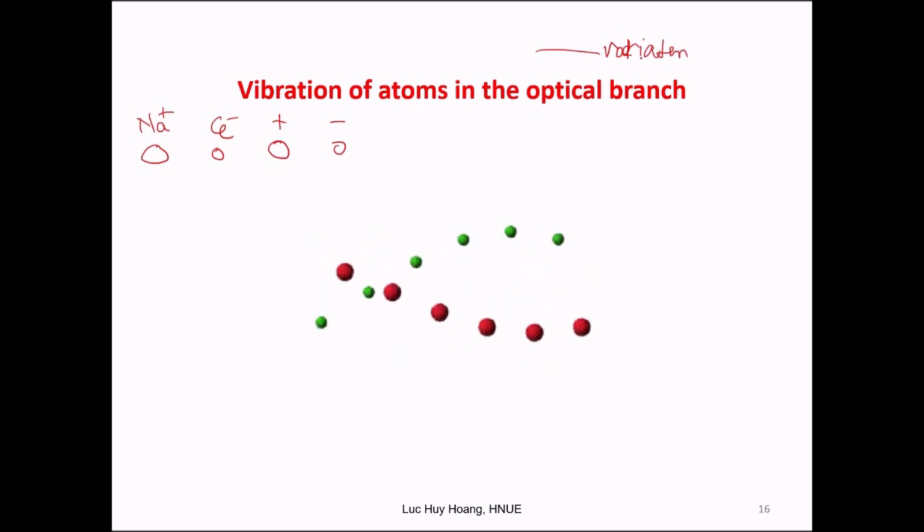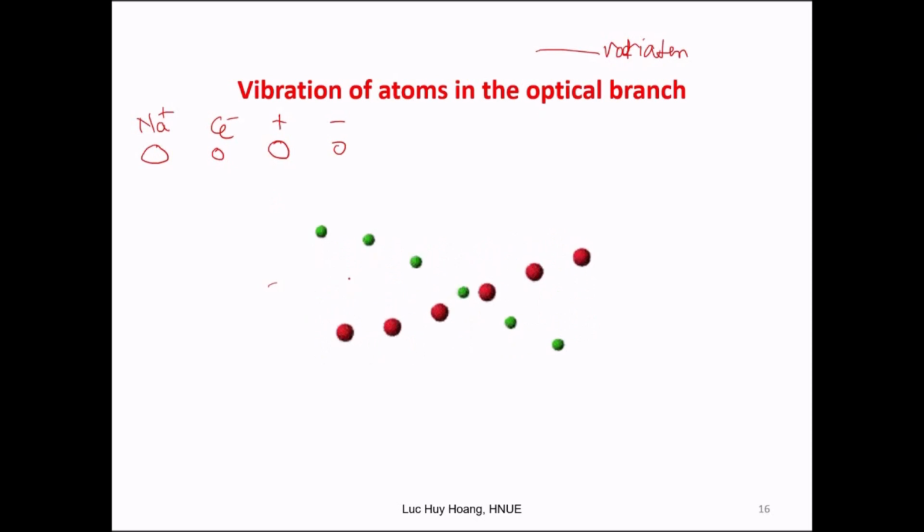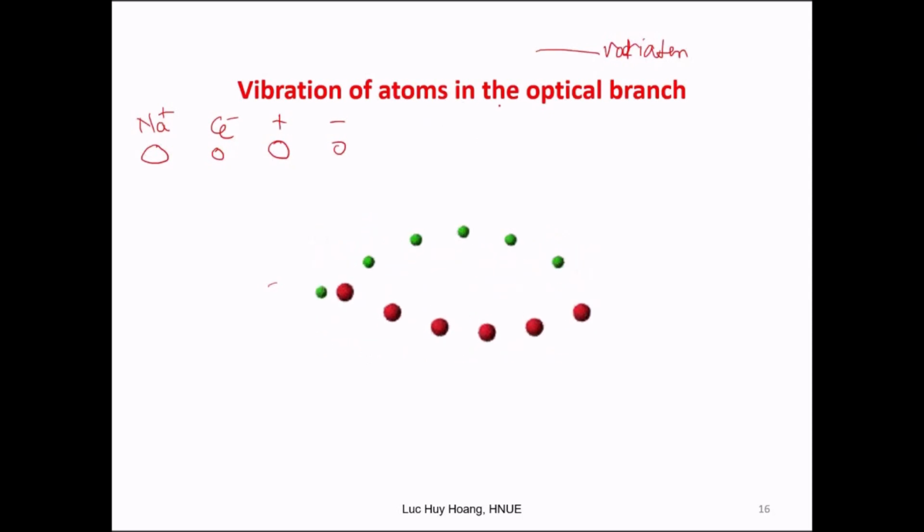When the optical radiation interacts with the atoms with plus and minus, it has opposite forces on the positive and negative. So that's why the positive and negative atoms vibrate in opposite directions. So that's why people call it the optical branch, because it's very sensitive to optical radiation.